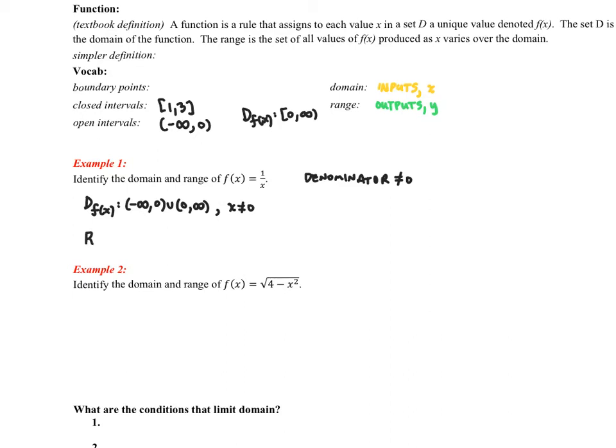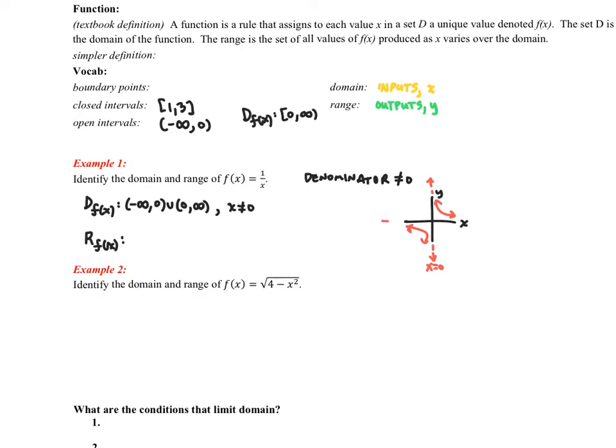Now the range of f of x, I'm going to think about more in a visual sense. Here's the xy axis, the graph of 1 over x. This isn't very good, but I'm doing my best here. It has a vertical asymptote at x equals 0, hence the limitation on the domain.